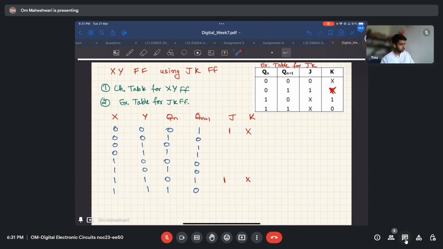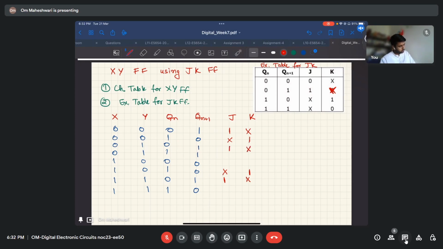For 10, we have cross 1. 10, we have cross 1. So next we have again 01, so again 01 is 1 cross.